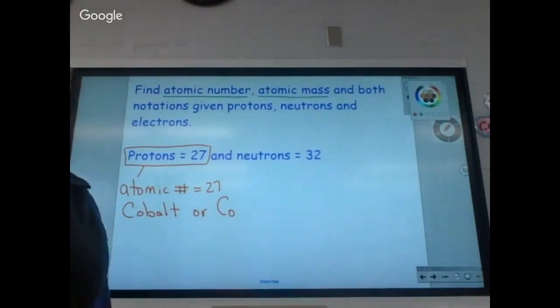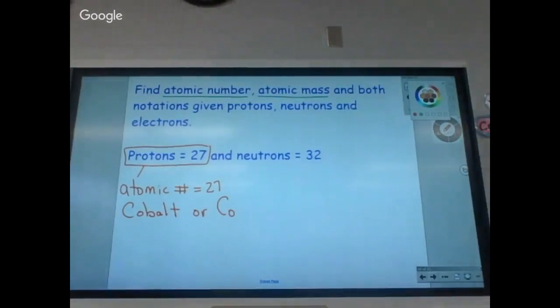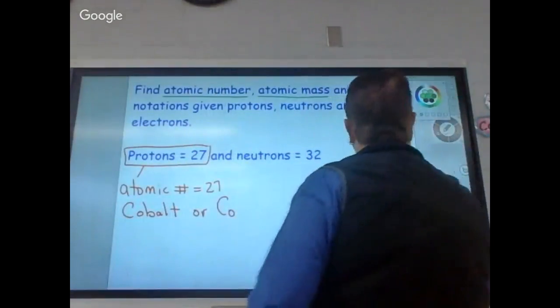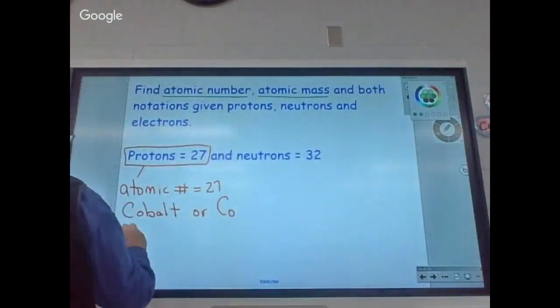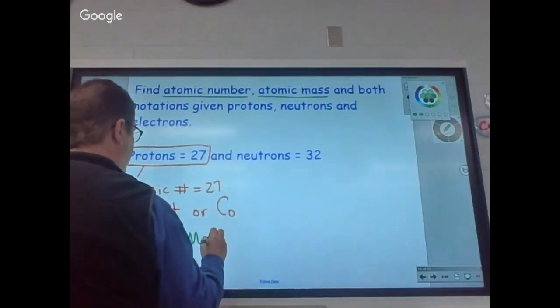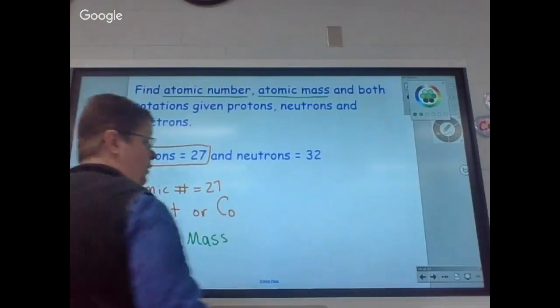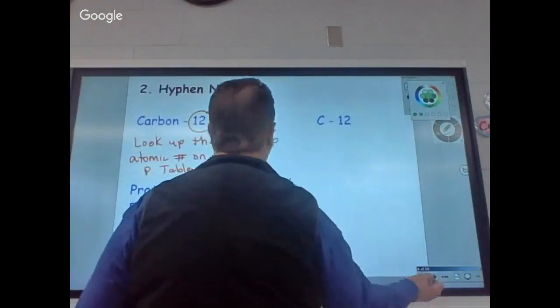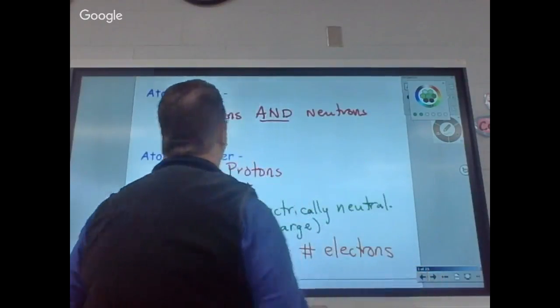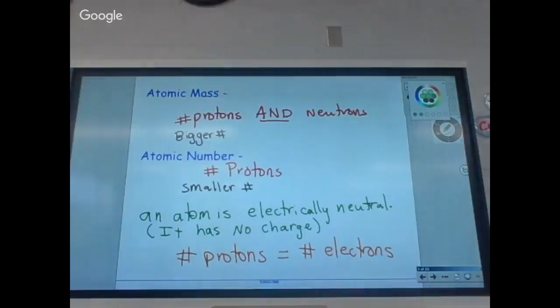All right, how are we going to get atomic mass? Okay, now, this is usually where people get a little lost. Atomic mass, and I'm going to cruise back to the definition for a second. All the way back to atomic mass's definition.